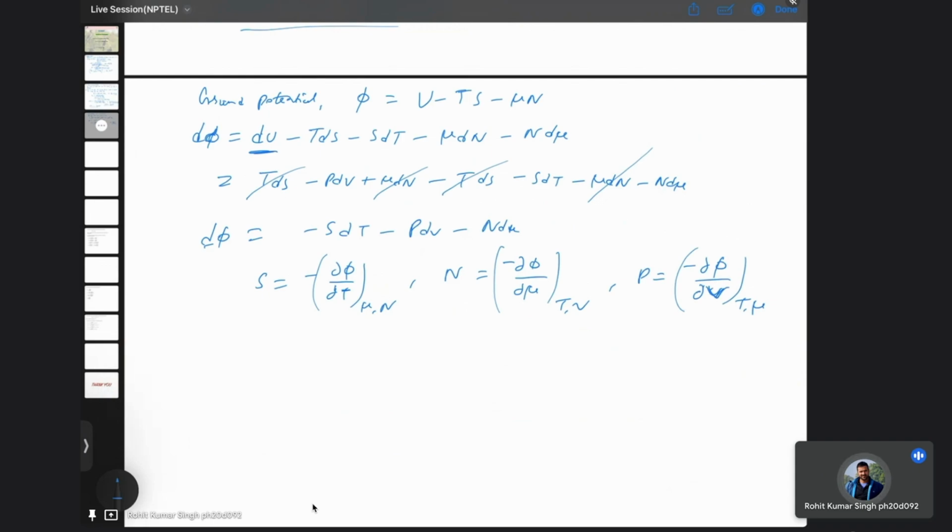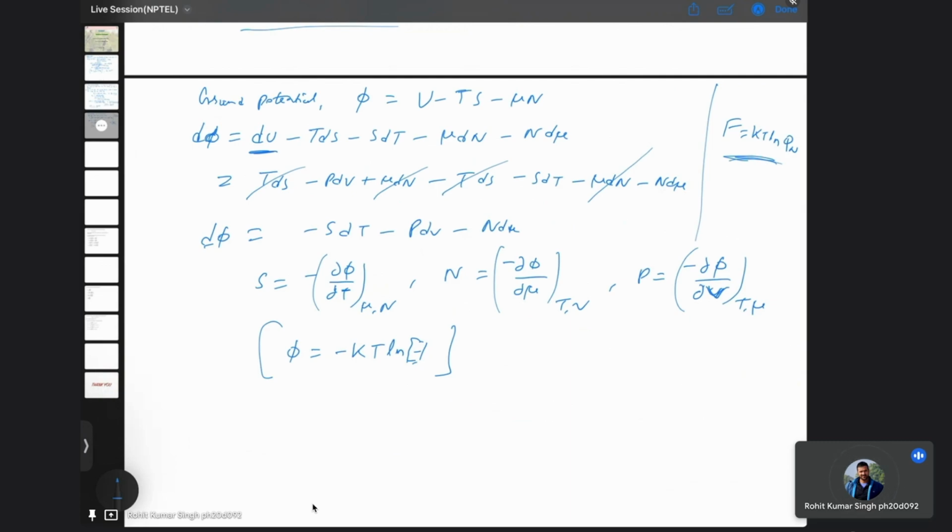Also, like the Helmholtz free energy was related to the canonical partition function like this, if you remember, similarly the grand potential is related to the grand partition function by this expression. We can derive this similarly as we derived that one, but this has been done in the lecture, so you can go and check.